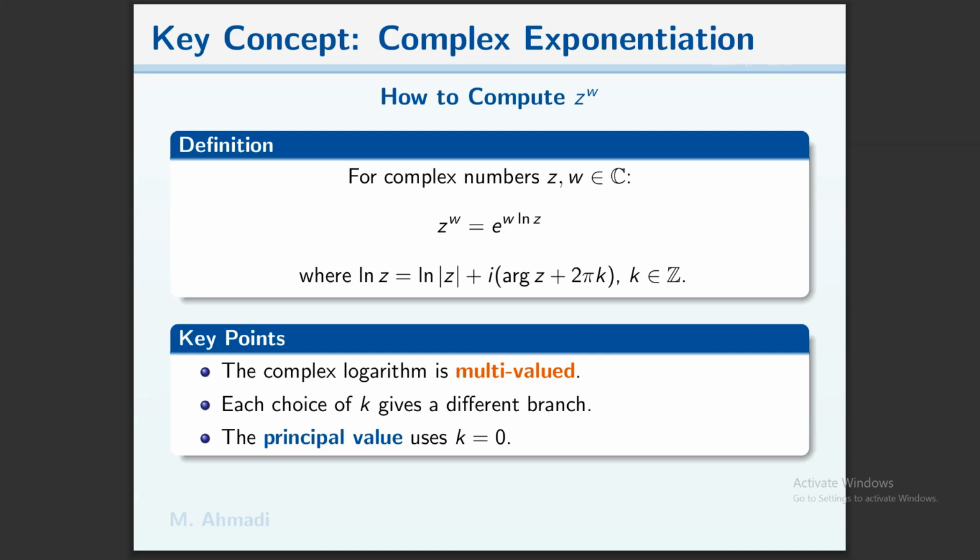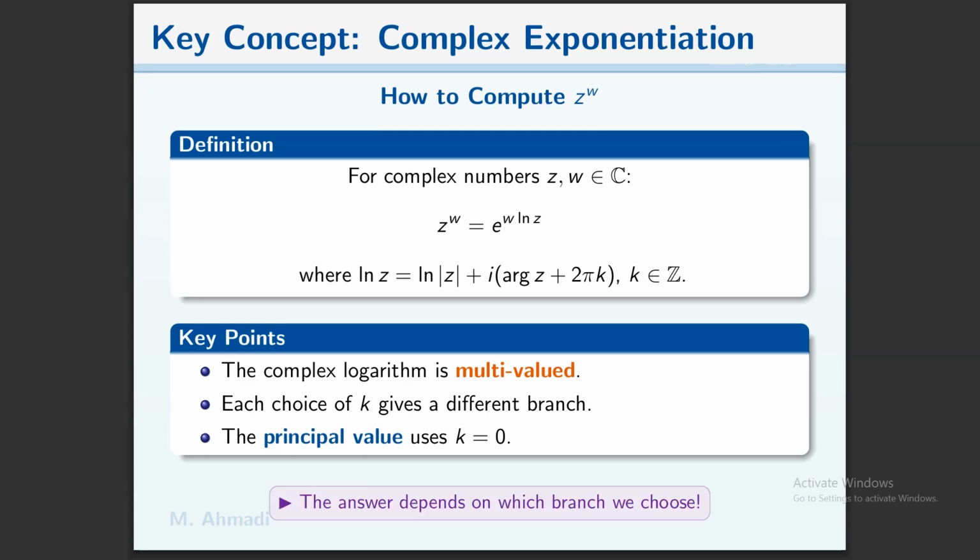The key point is the complex logarithm. The logarithm is multi-valued. Each choice of k gives a different branch. The principal value uses k equals 0. The answer depends on which branch we choose.